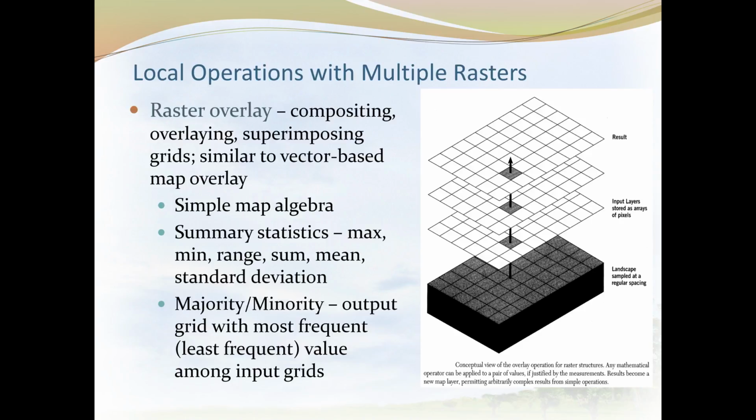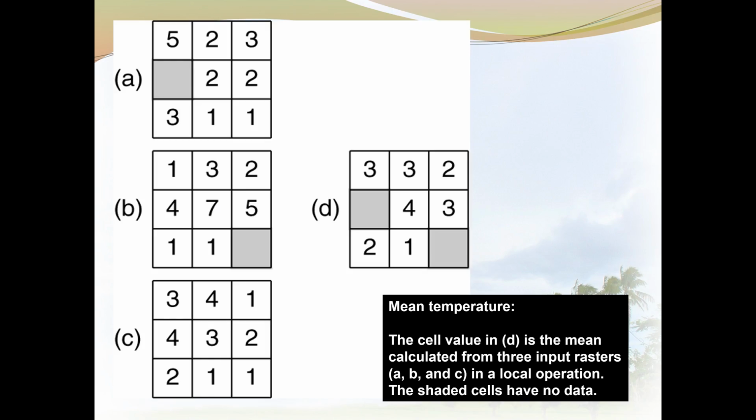In map algebra, we will talk in detail, and we can weigh them and calculate differently. We also have majority and minority, the output grid with the least frequent value among input grids. For the mean temperature, we calculate each cell value in D, which is right here, as the mean calculated from the 3 rasters.